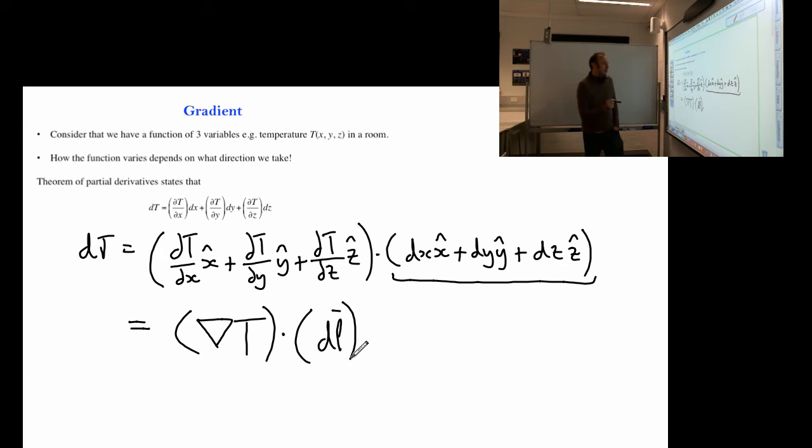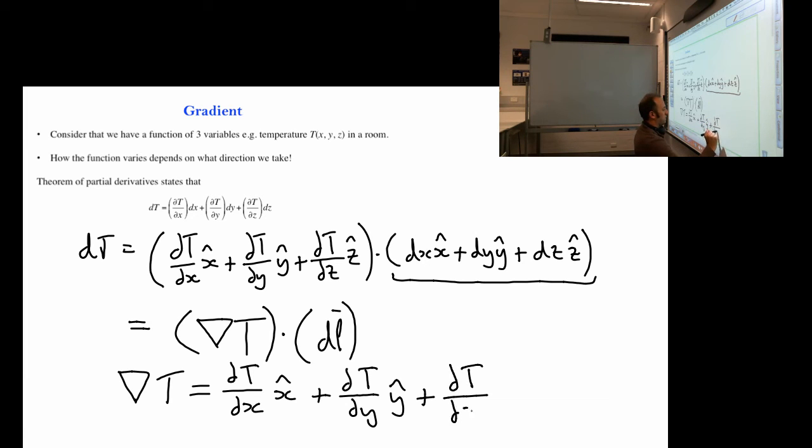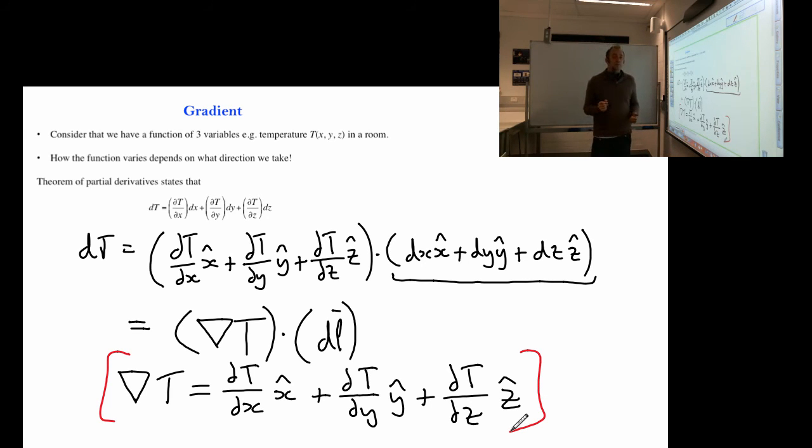So what we see is that the gradient of T is going to be equal to dT/dx x hat plus dT/dy y hat plus dT/dz z hat. Okay, so the gradient is a vector. It has both direction and magnitude.